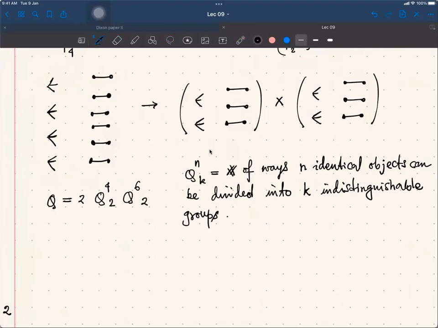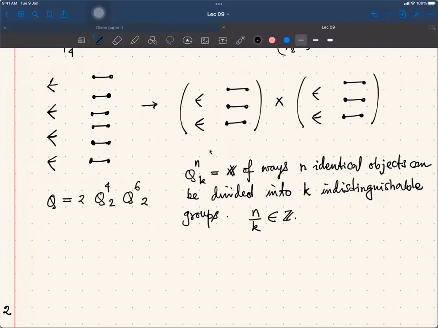If there are k groups and they should be indistinguishable, that means they should have the same number of elements, and n objects can be divided into k equal parts only if n over k is an integer. So n is an integer multiple of k.